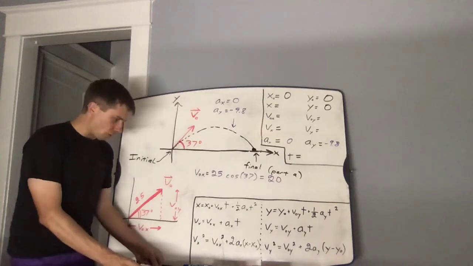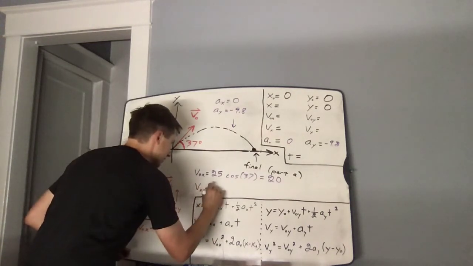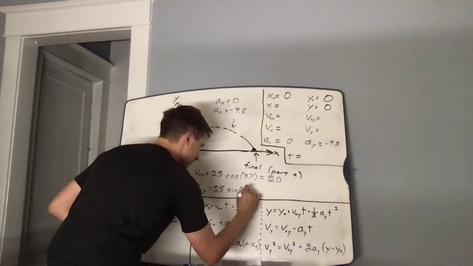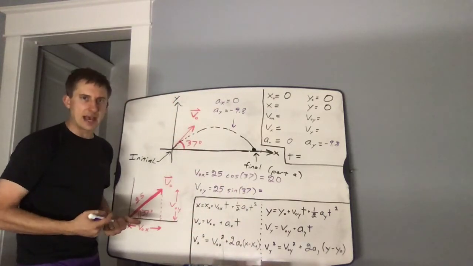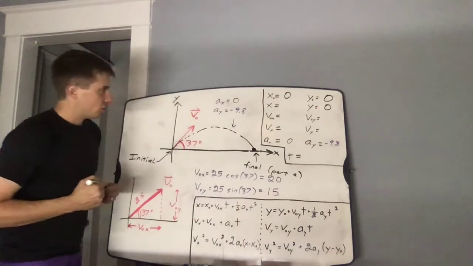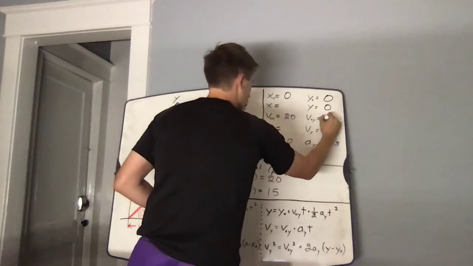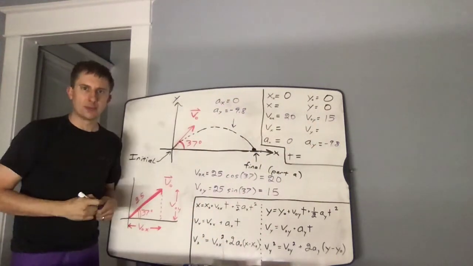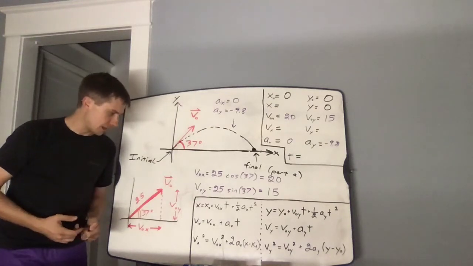And for v0 y, v initial y is equal to 25 sine 37, and I get 15 meters per second. So v initial x is 20 and v initial y is 15 meters per second, respectively, if you want to include the units.